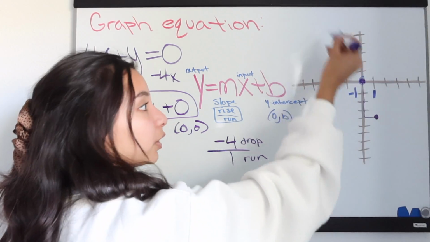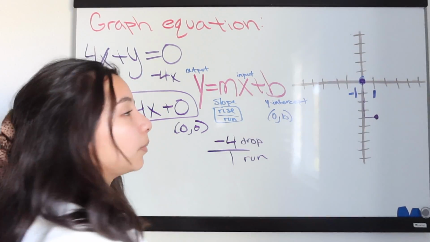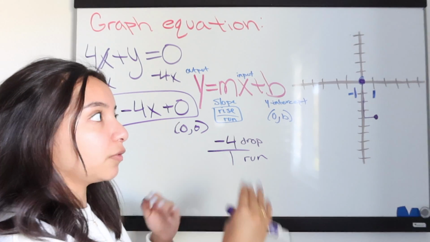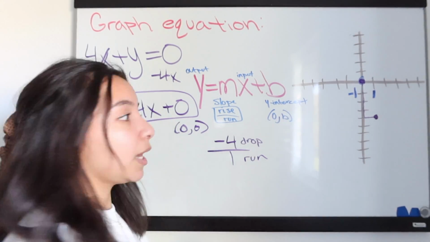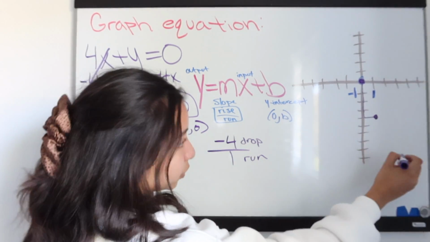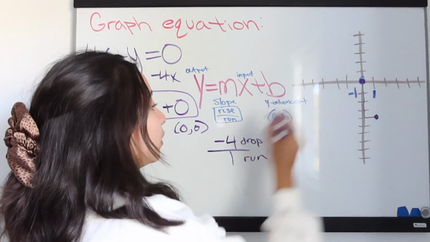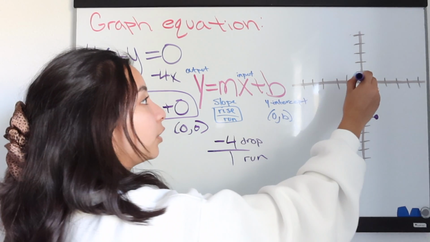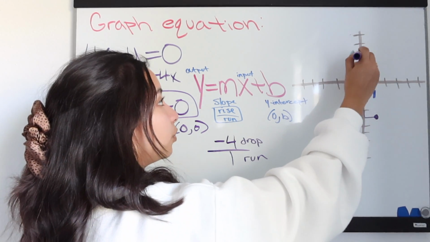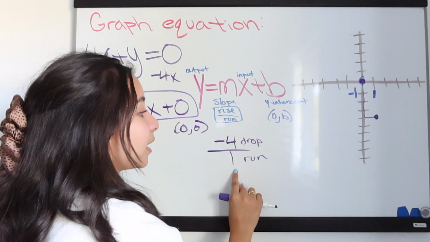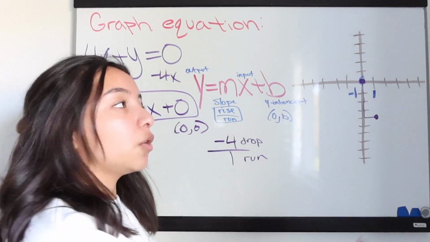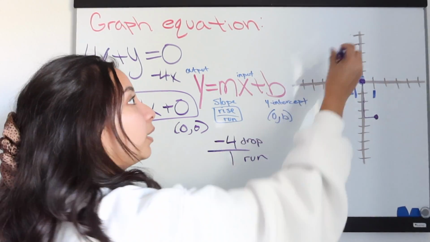then 1. And we could draw our line right here, but I'm just gonna show you how to find a next coordinate, and you could just drop down 4 and go to the right 1 again. But let's do the opposite. So since it's saying -4, we're gonna go up 4. So 1, 2, 3, 4. And instead of going to the right 1, we're gonna go to the left 1.